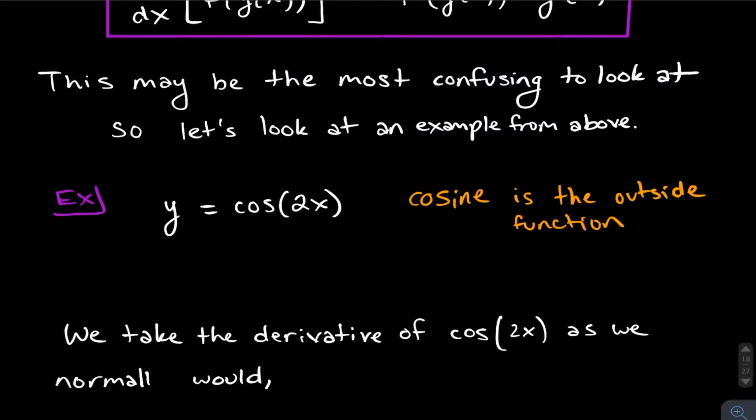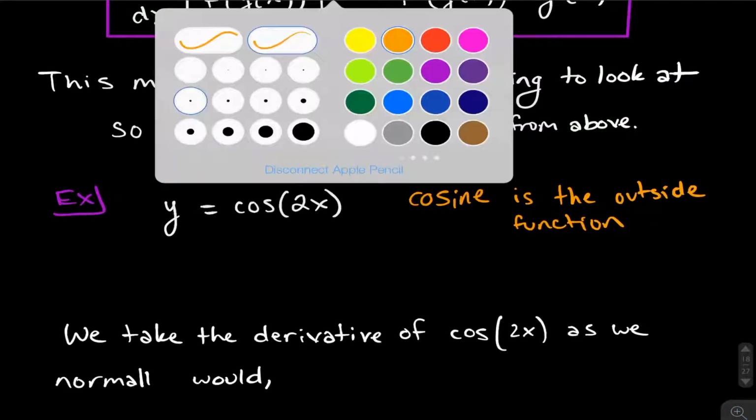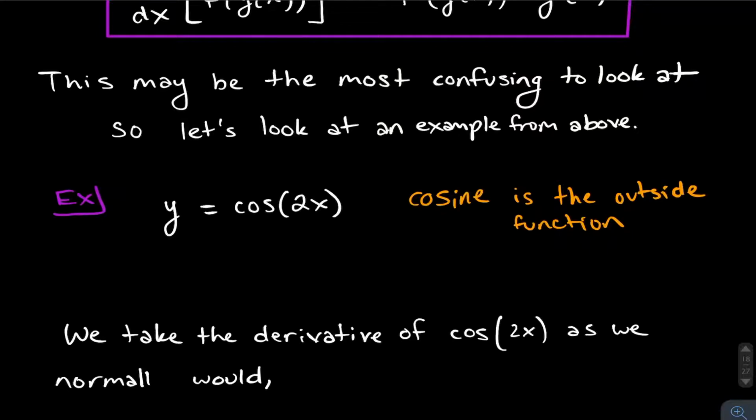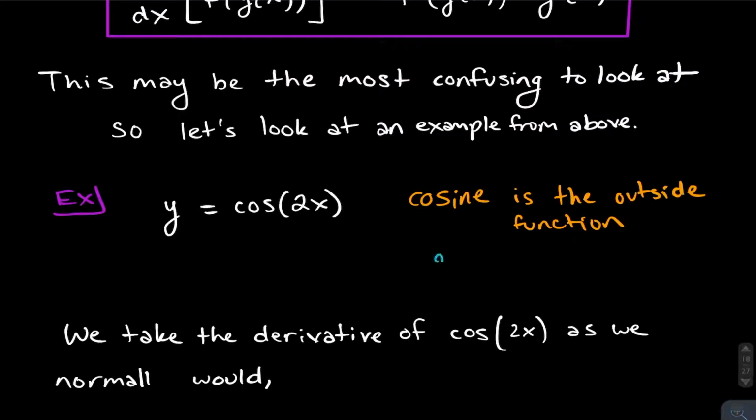If you want to think of the whole thing as the outside function, absolutely go for it, whatever makes the most sense to you. What's the inside function? It's what's inside cosine, which is 2x. So 2x is the inside function.